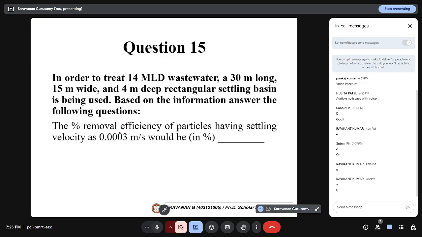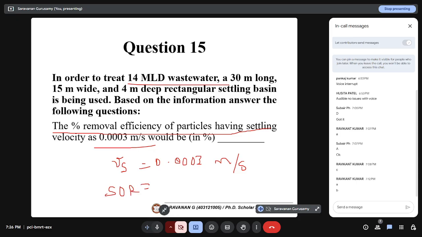So 15th question. In order to treat 14 MLD wastewater, it is the same question, but the question they have asked is percentage removal efficiency of particle having settling velocity of 0.0003 meter per second. So Vs they have given 0.0003 meter per second. It should be always equal to surface overflow rate, right? What is surface overflow rate?